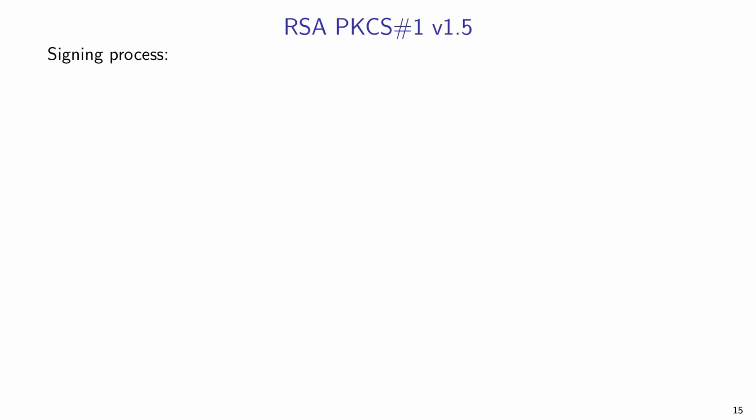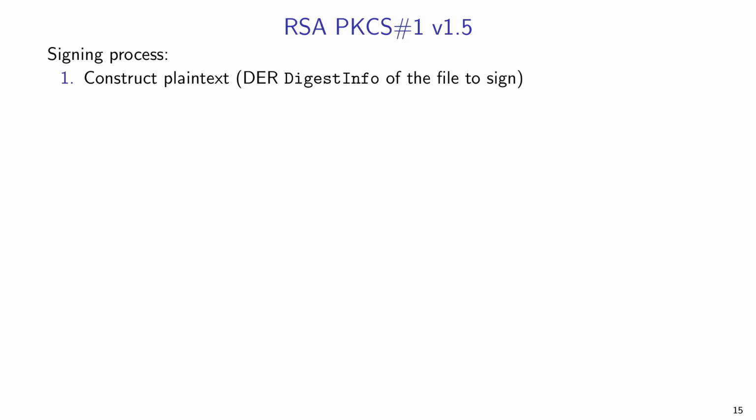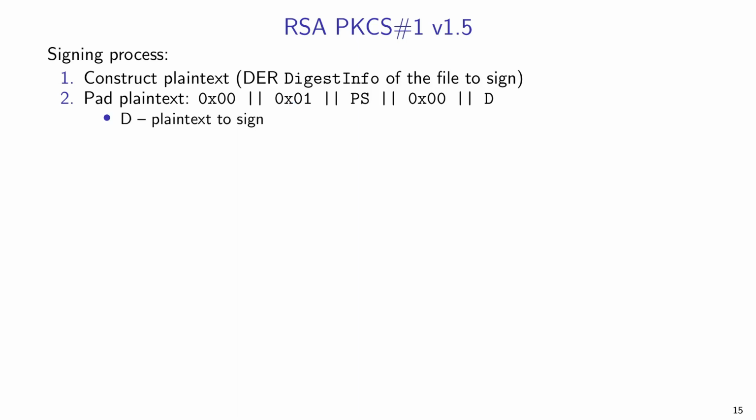The signing process is very similar, just a few differences. We start by constructing the plaintext. The plaintext that we will sign is the digest info of the file we want to sign. We pad the plaintext. The difference is this byte here. It has value 1 for signing, but value 2 for encryption, as you saw on the previous slide.